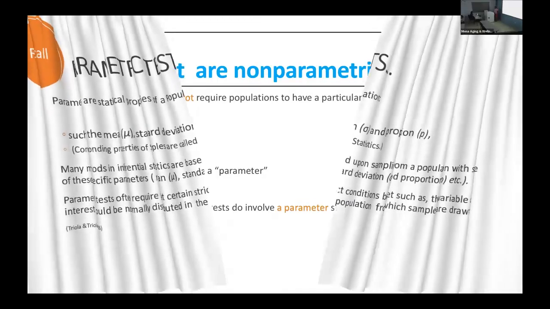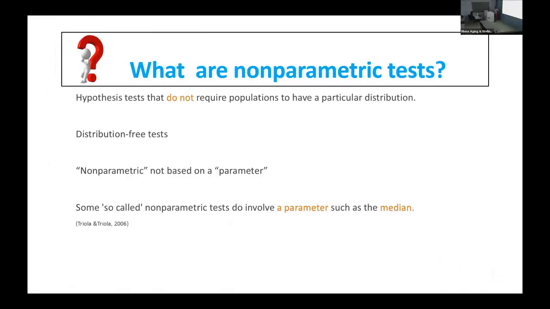Now, non-parametric tests. The term non-parametric tends to give the impression that these tests are not based on a parameter, but we'll come back to that later on.